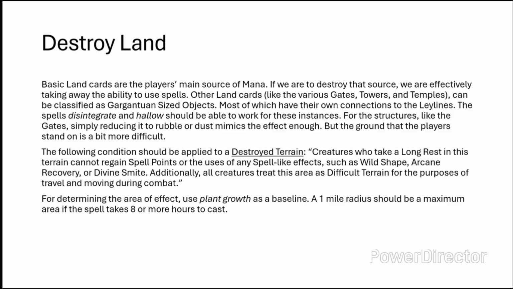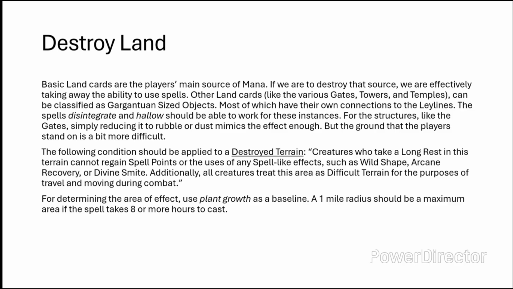So long as you're inside the destroyed terrain, you're not going to be able to regain access to the ley lines. You need to have access to those ley lines in order to get back your spell points. You need to get your divine energy back. And you cannot do that if you do not have a connection to those ley lines.